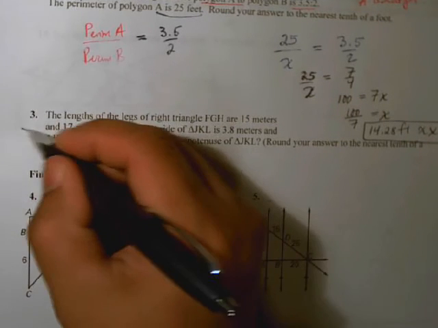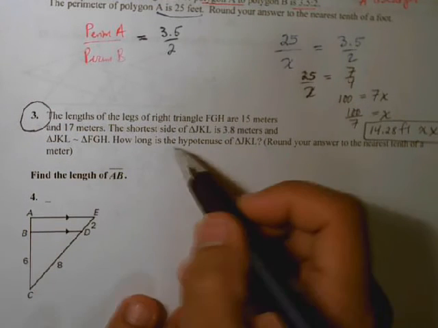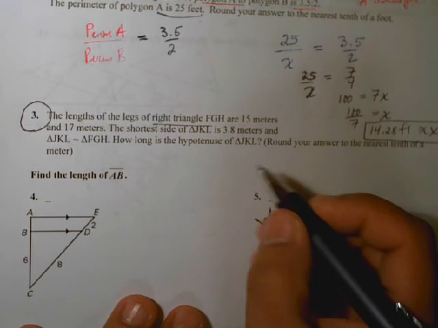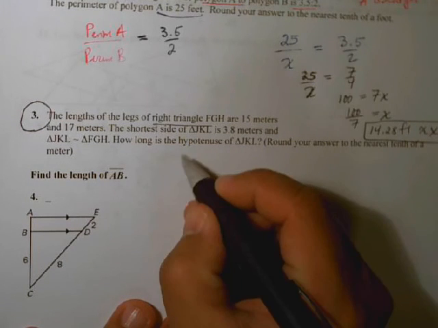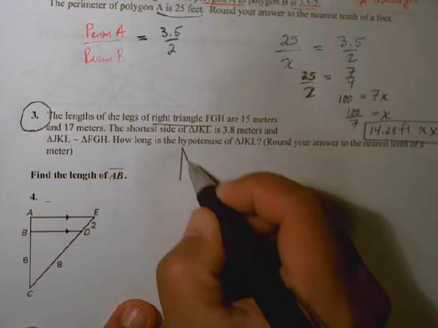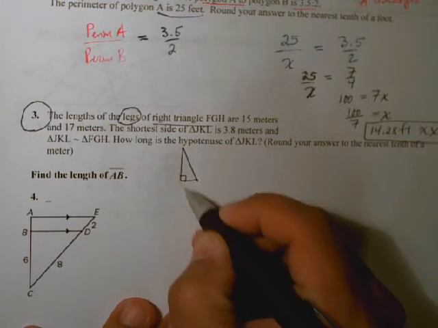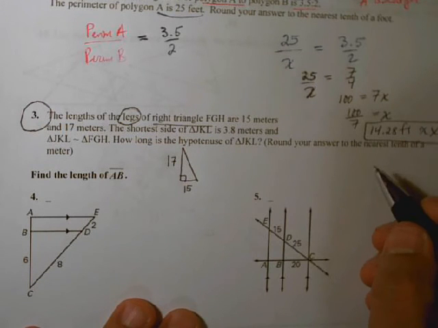In the next and last example that we're going to do in this video, we are going to look at number 3. This time we're comparing the lengths of the legs of right triangles. So the legs of a right triangle FGH are 15 and 17. Let's draw this picture here. And these are the legs, right? So not the hypotenuse, but the legs are 15 and 17.